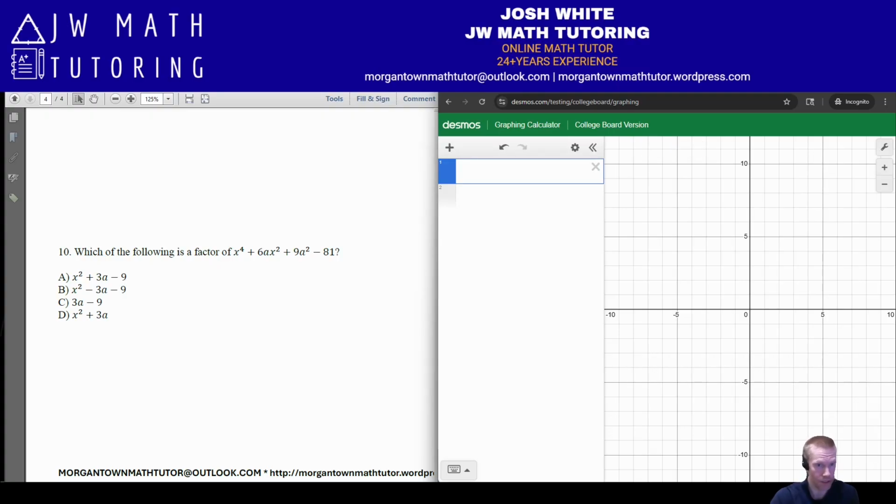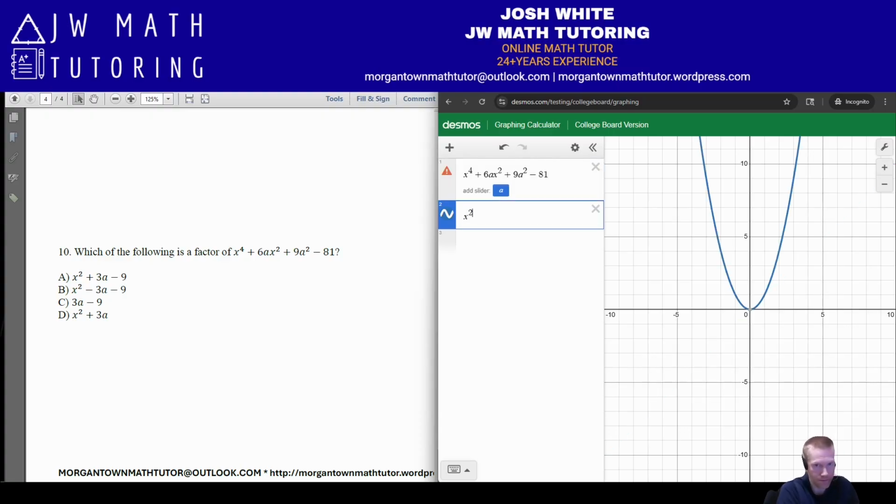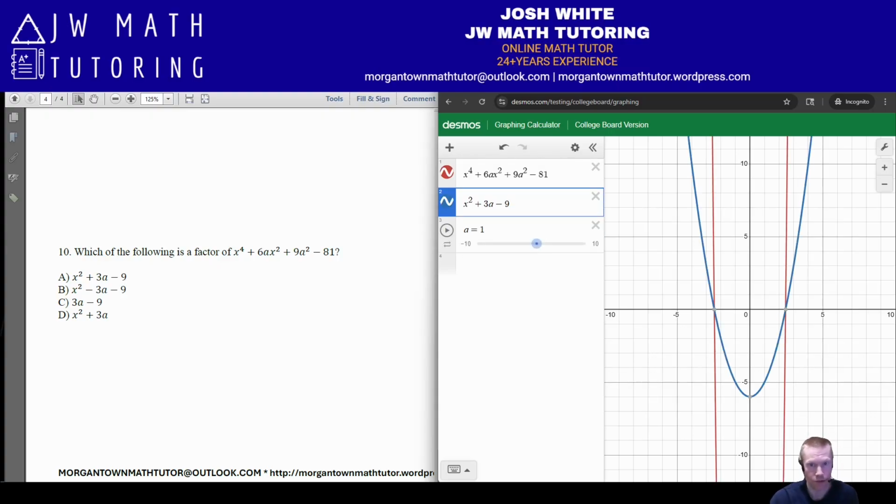I will just tell you that if we go ahead and graph the original, because this is not what I want to highlight, I already know what the correct answer is. It's going to be letter A. So notice here, if you add a slider, right away A is 1.